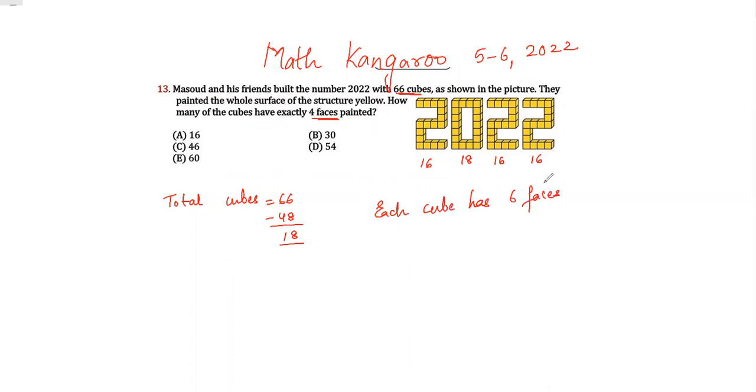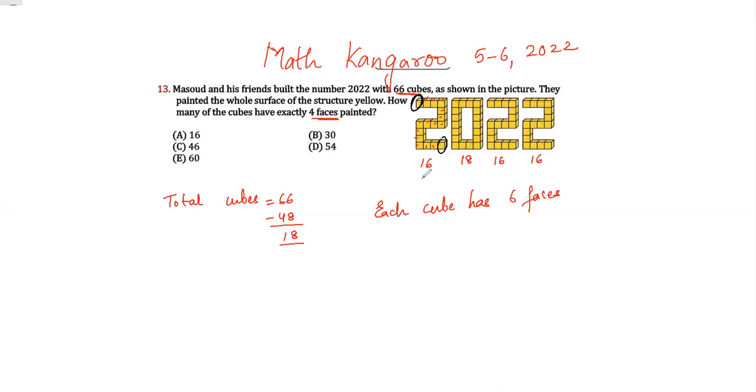Now for number 2, if you see, all these cubes are stuck on 2 sides, right? So 2 sides stuck means 4 faces are painted. It is only this cube and this cube, let me just highlight, which have been painted on 5 sides.